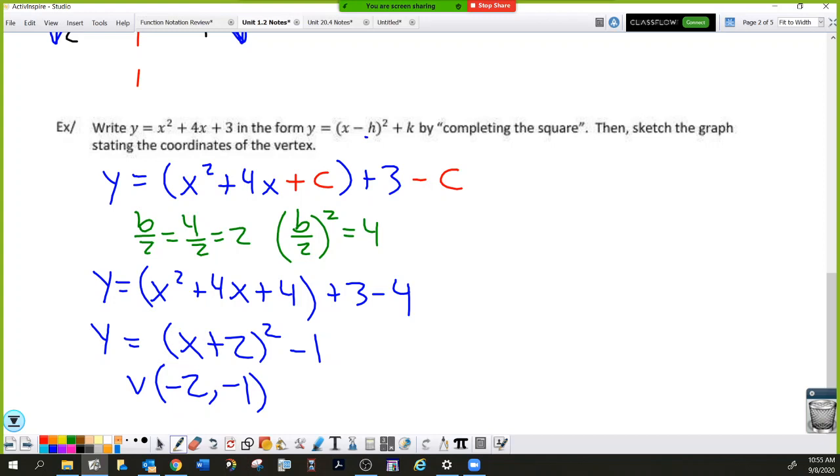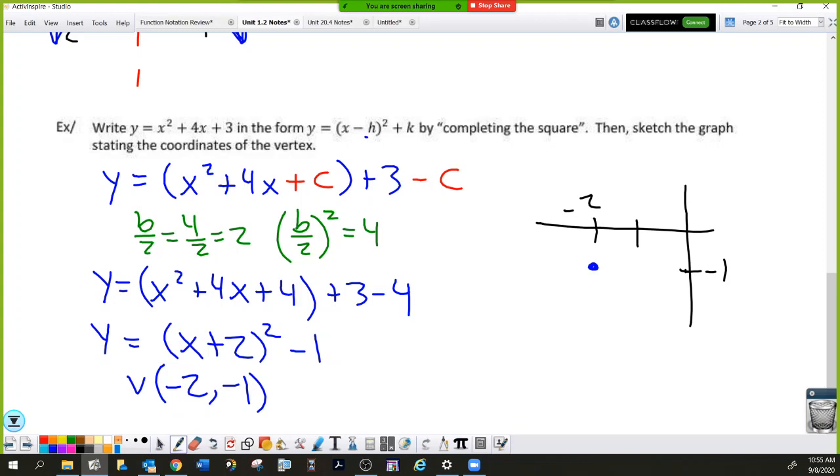It says, sketch the graph stating the coordinates of the vertex. It didn't say anything about the axes intercepts, right? Doesn't even matter. Vertex is at negative 2, negative 1. Picture not drawn to scale because who cares? There's my vertex. Because I've stated it here, I don't have to put it in the picture, but it wouldn't hurt to do that.